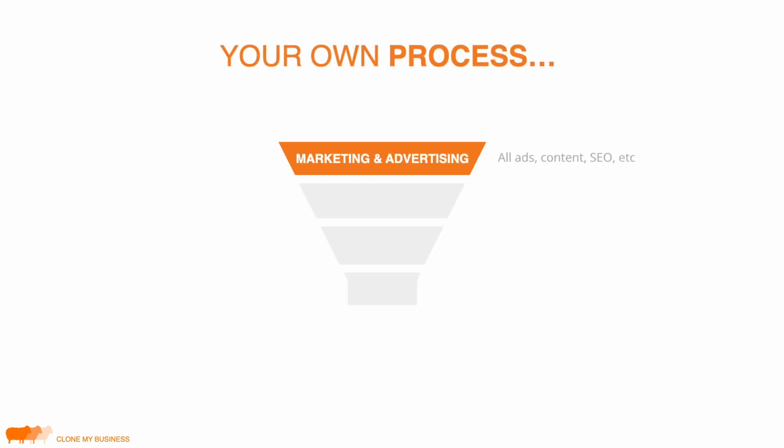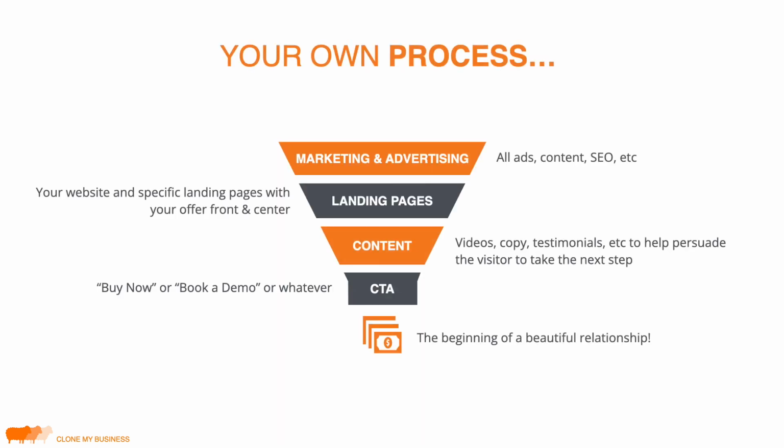Now, here's how it's going to look in your own process. First of all, you have your marketing and advertising going: the SEO side, the content side, the videos, all of that, and then you have your ads going. All of that is going to go to a specific landing page. This is your website with specific landing pages with your offer front and center.